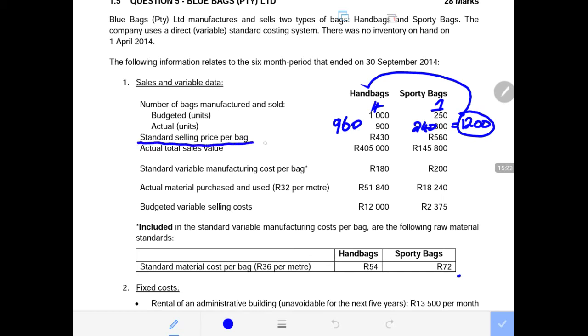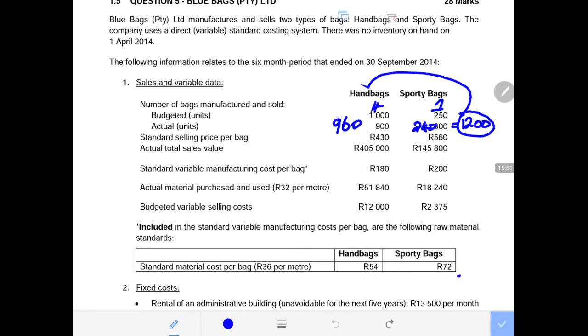Standard selling price per bag, it is 430 and 560. That is the standard selling price, which will help us in the calculation of the standard contribution to be multiplied in the calculation of the sales margin mix variance. Our actual total sales value, meaning the sales revenue, was 405,000 rands and 145,000 rands 800.